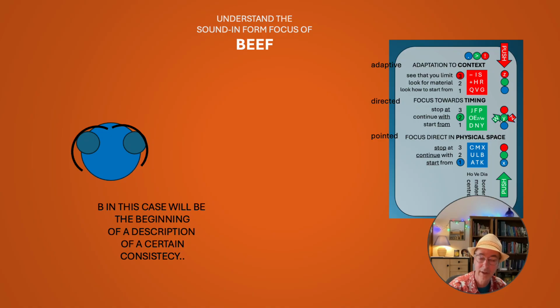In this case, it will be the beginning of a description, which seems to be about, or could be about, a certain consistency. At least that is what I could expect here, because beef is a certain material. So I expect it also to describe that material. Okay, let's find out.